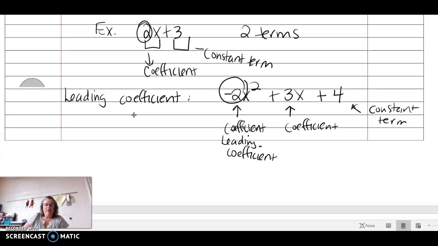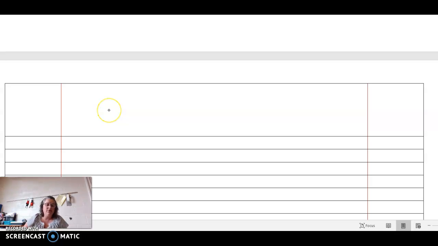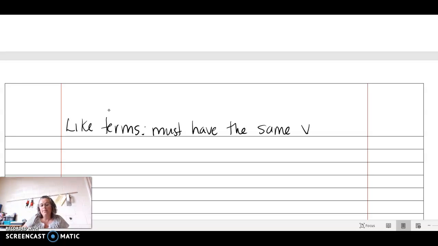Okay, let's talk about combining like terms. In order for us to be able to combine them, they have to be like. So they must have the same variable and the same power in order for you to combine them. And by power, I mean exponent.